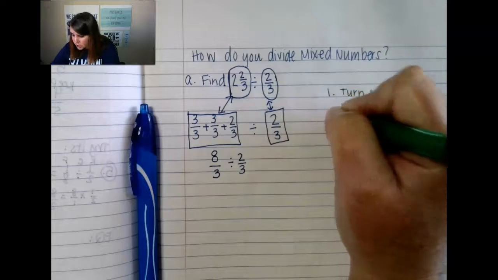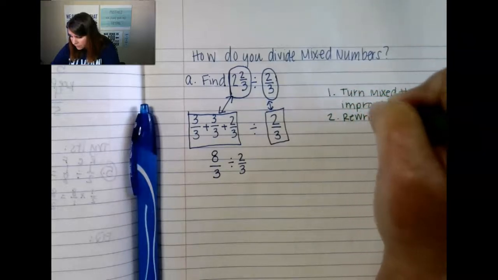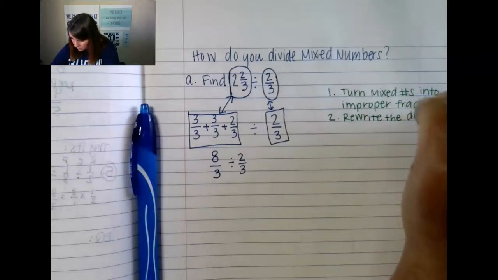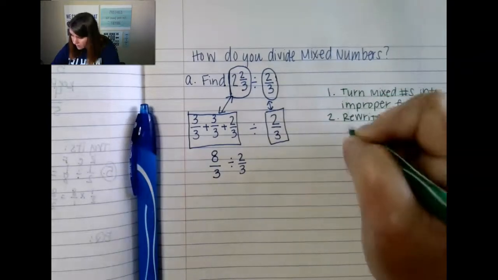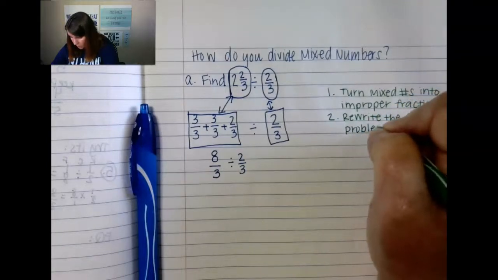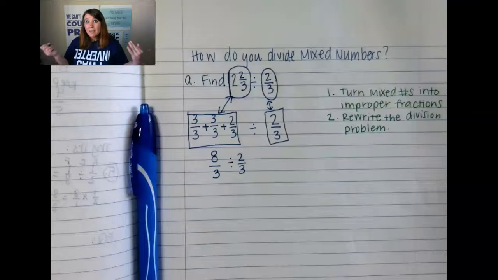Step 2: I can then rewrite my division problem. Now step 3 tells me that I can go ahead and divide.